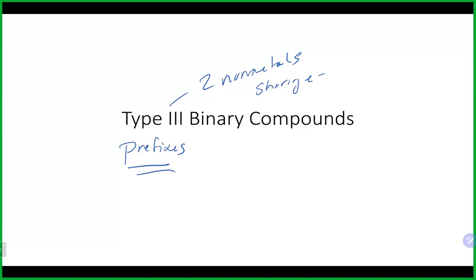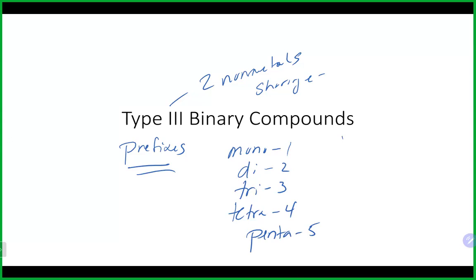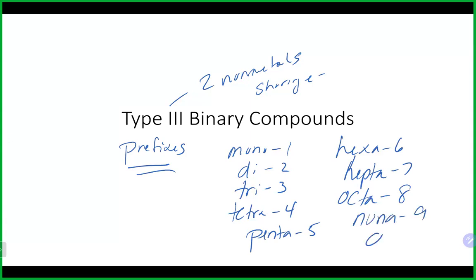So we do use prefixes, as we will see: mono for 1, di for 2, tri for 3, tetra for 4, penta for 5, hexa for 6, hepta for 7, octa for 8, maybe a nona, could be making it up, I don't know, deca maybe, sounds like a good 10 there. So this is the place where we do use these prefixes.